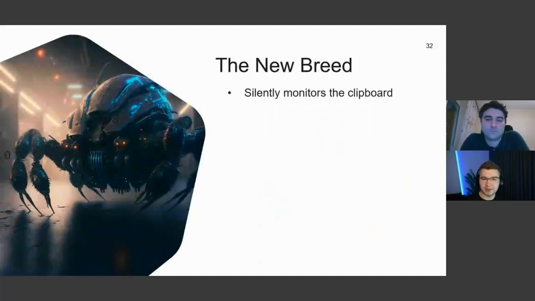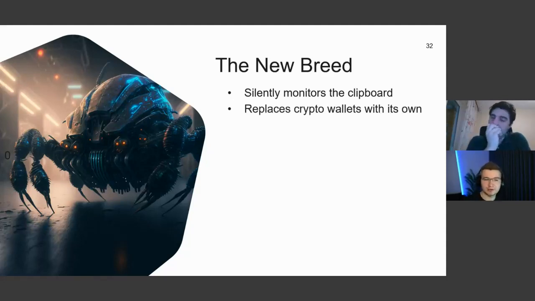And that's why we think it's a new breed of malware, because very silently, it monitors the clipboard. So it is a clipboard interceptor and an injector. It just looks for strings that look like cryptocurrency wallets, like Bitcoin addresses or Litecoin addresses and so on.